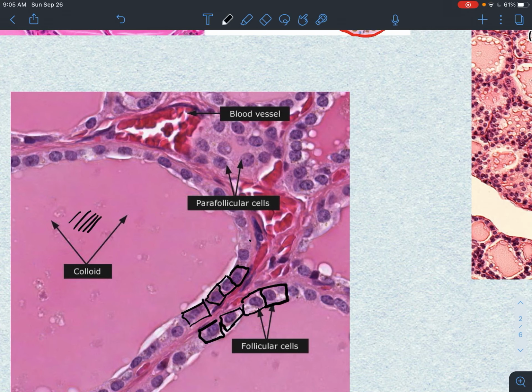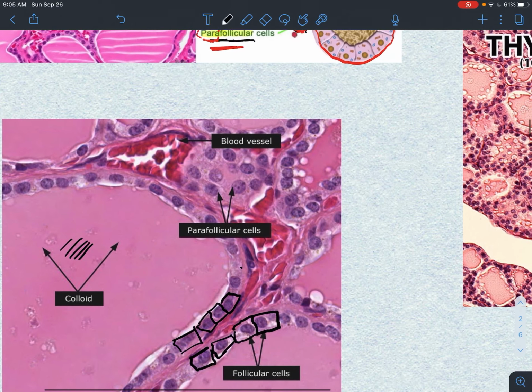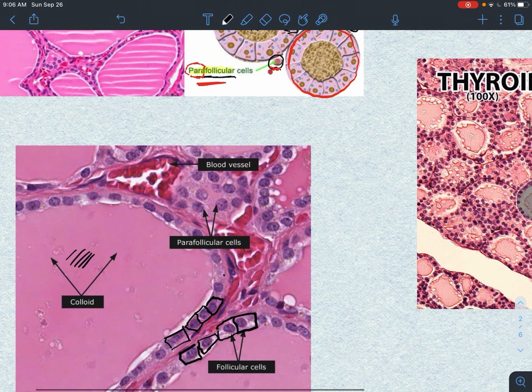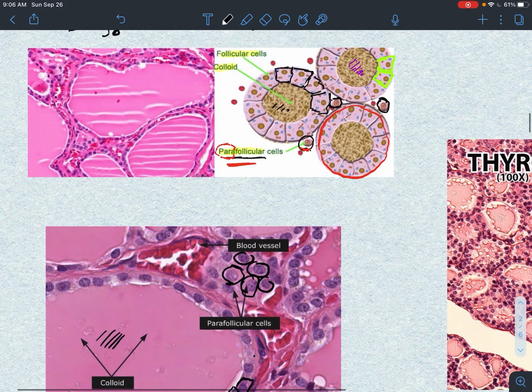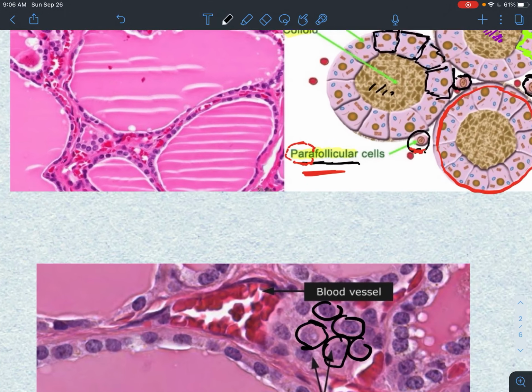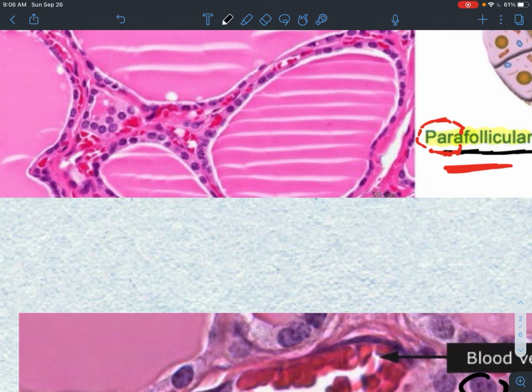And of course, right, we can trace them on any of these follicles, right? There they are. And then what's cool about this zoomed in view is that you have a cluster, right, of parafollicular cells that are outside of that follicle right there. And so, right, let's go back to this one. Now we can see them here as well.